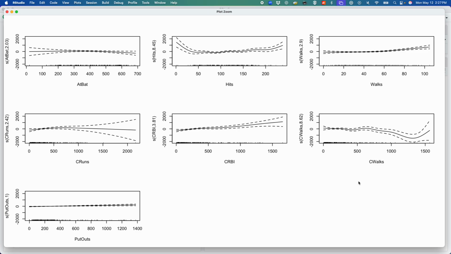These are the spline fits of each individual variable against your salary. There are some interesting things happening here, which is that in some of these cases the fits are not very linear. What does that mean if you were to run this regression in a typical linear fashion?